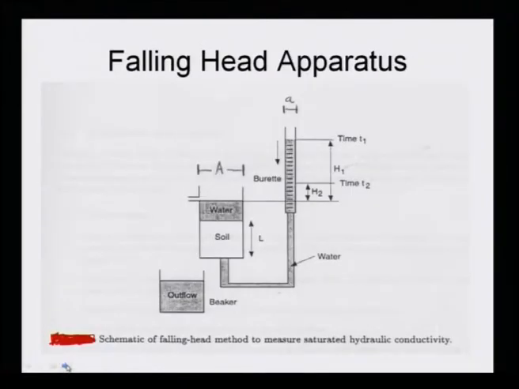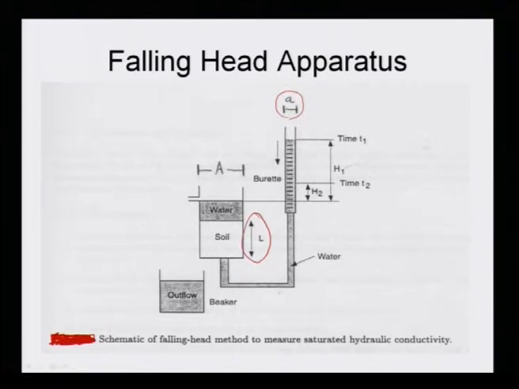Now, if you look at the falling head apparatus, this is the soil and this is a burette with water. Initially you pour water into the burette. Here a is the cross-sectional area of the burette, and you find the time t1 at the initial height h1, then after a certain drop in height h2 you find the time t2.